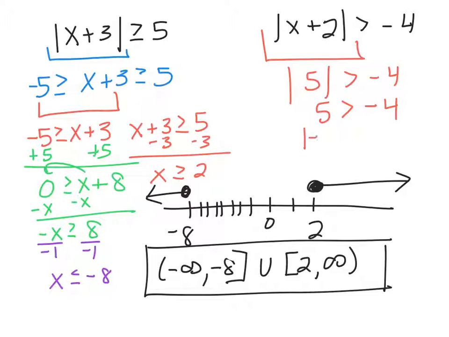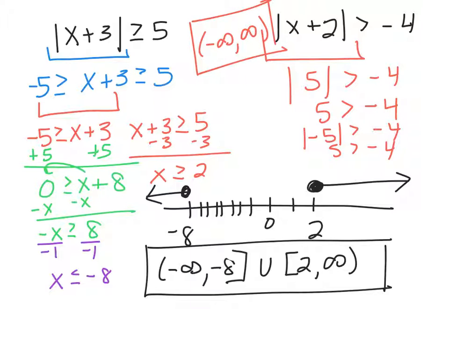Well, if I have the absolute value of -5, when is that greater than -4? Well, 5 is greater than -4. So in this case, my answer would be -infinity to positive infinity. No matter what number I put in for x, it's always going to be greater.